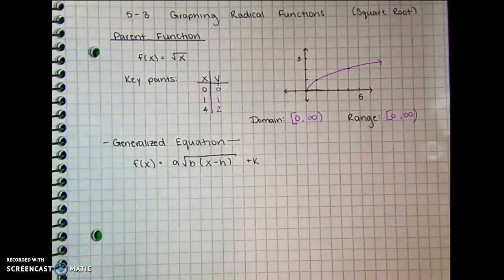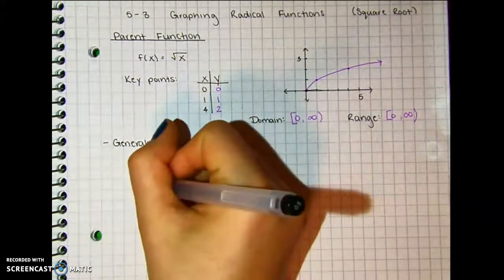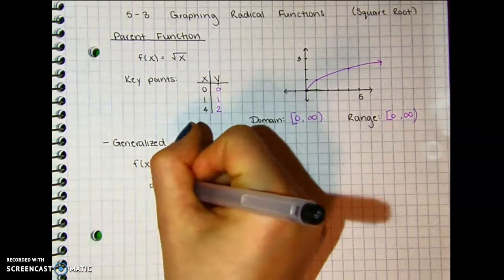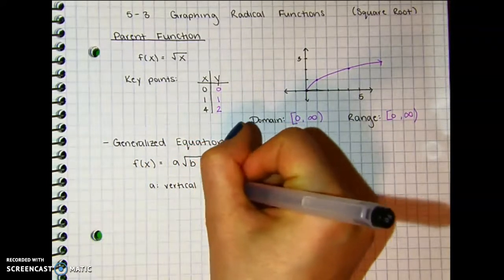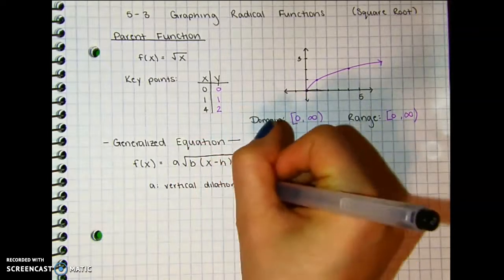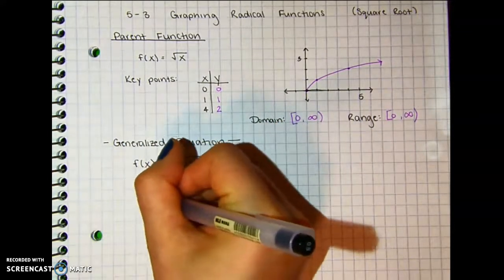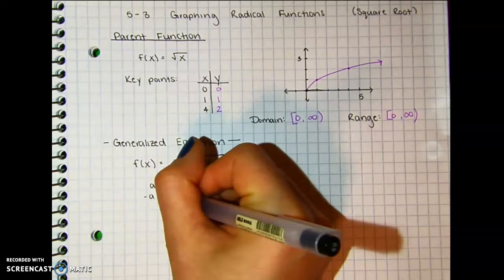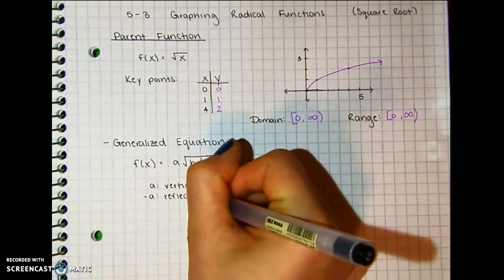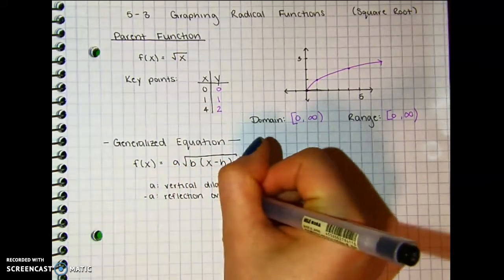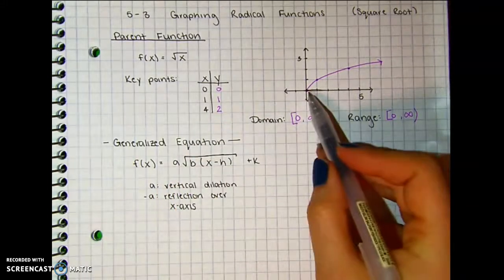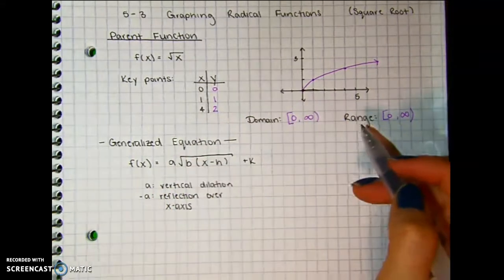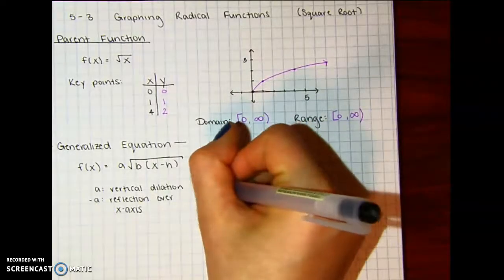So if you remember, a is going to be a vertical dilation. Negative a is a reflection over the x-axis, so that would make it go down here. b is a horizontal dilation.